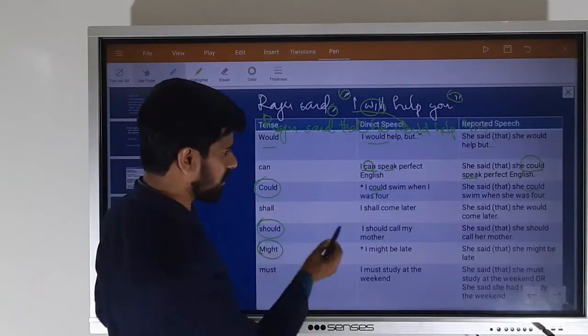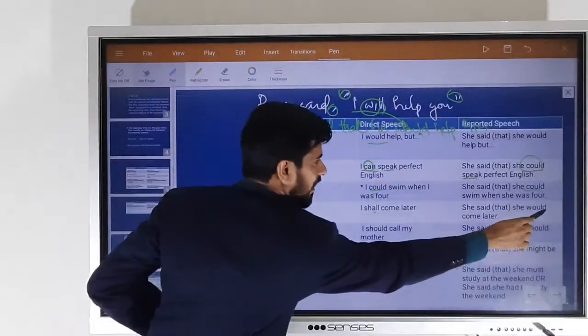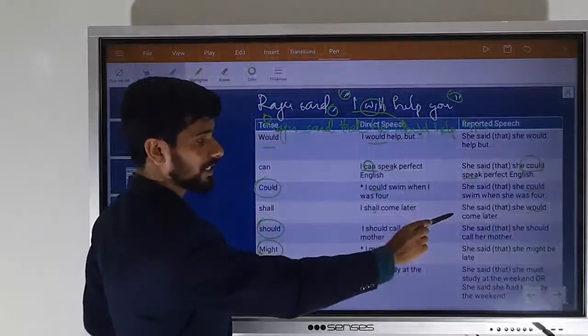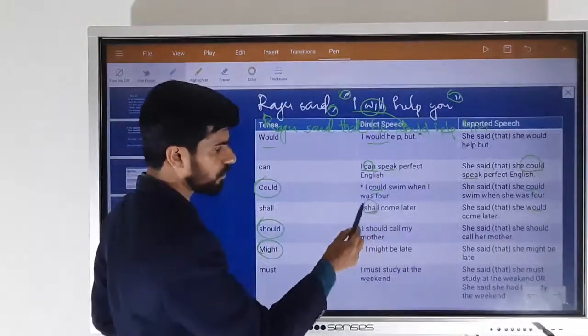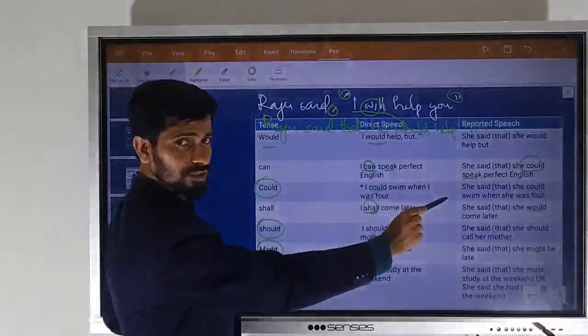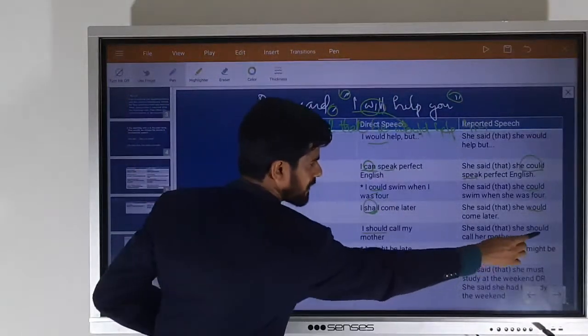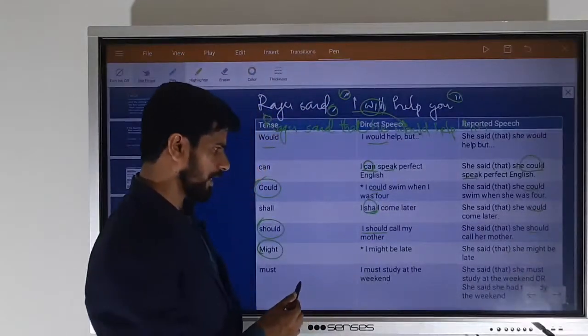And I shall come later. I shall come later will be converted as she would come later. So instead of shall, we use would, the past form. And should, it is already should, so there is no change here. In both cases, should is used. I should call my mother.